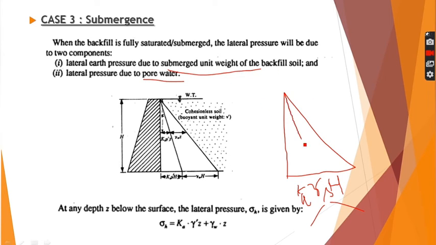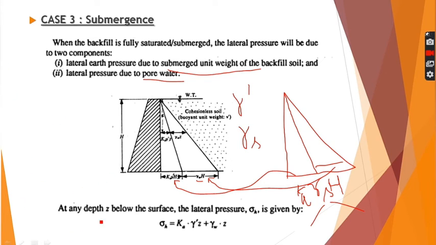So this is Ka gamma dash into H, where gamma dash is the submerged unit weight, that is gamma dash is equal to gamma saturated minus gamma W, which is the unit weight of water, and this will be pore water pressure, that is gamma W into H.